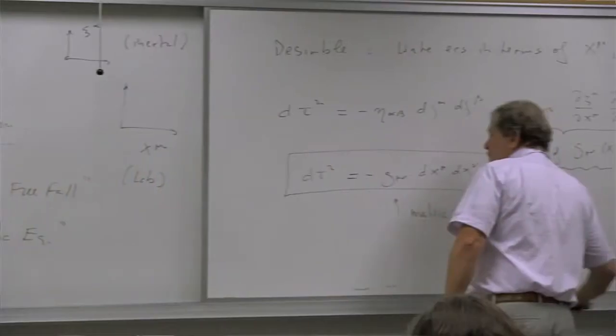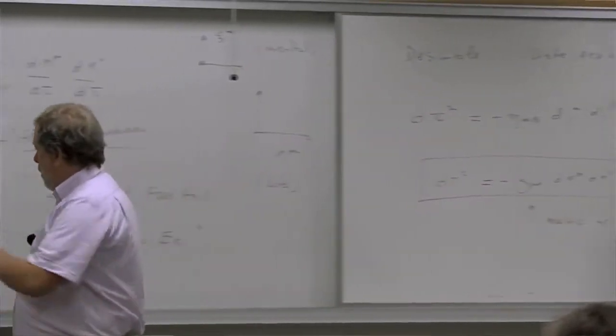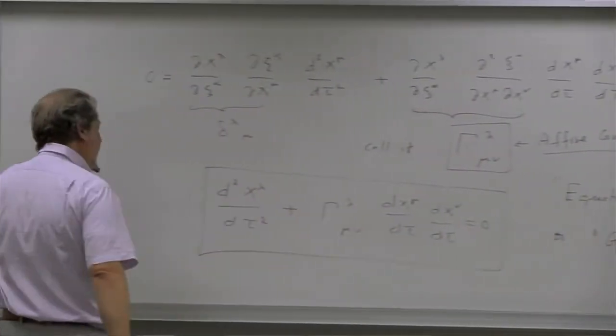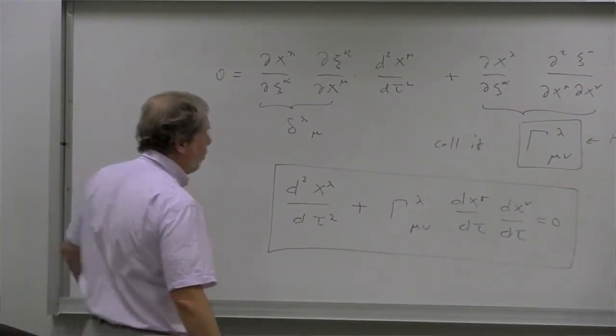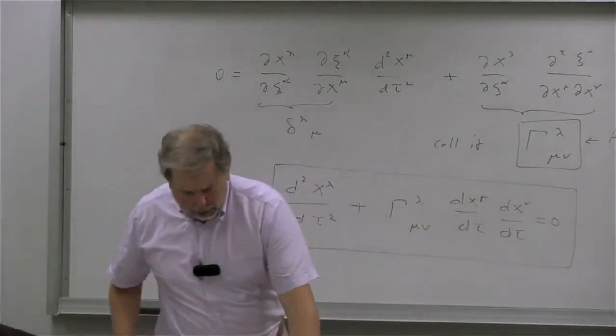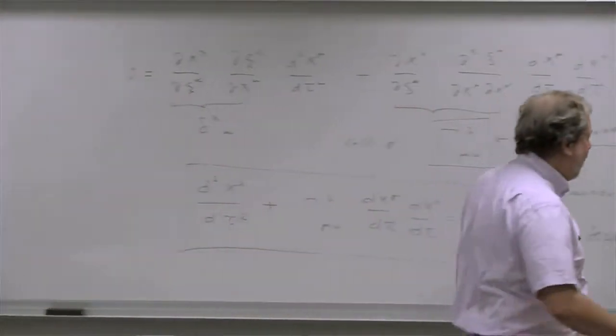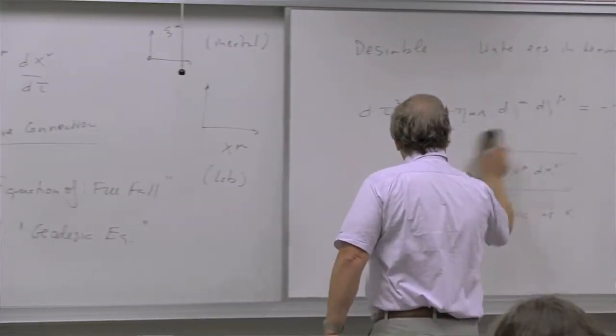So we now want to find a way to calculate this gamma lambda mu nu. So actually, let me go over to the other blackboard, because it's nice to have that equation sitting there.